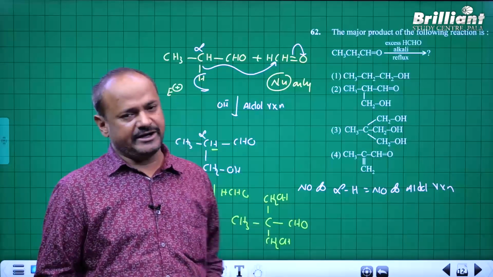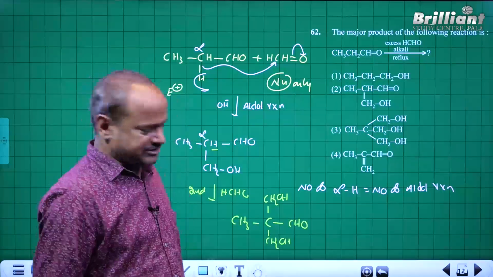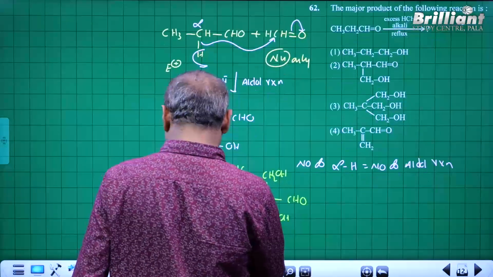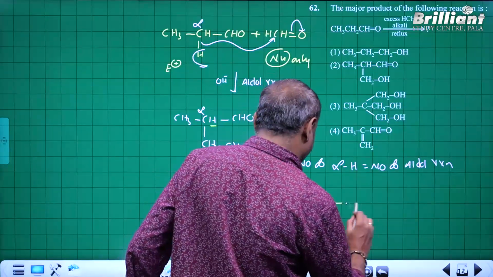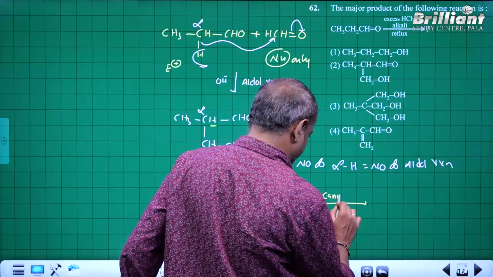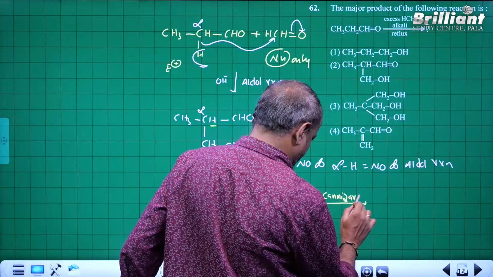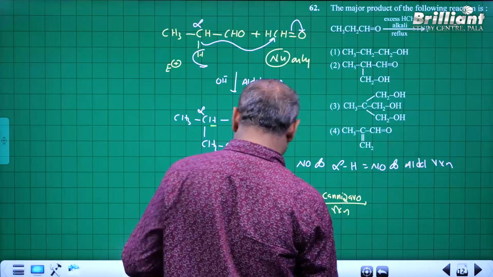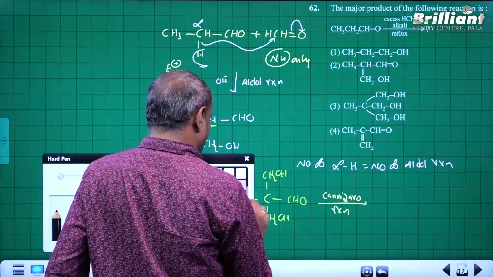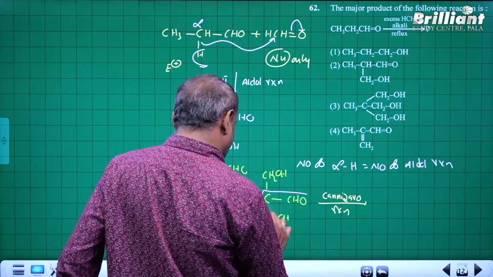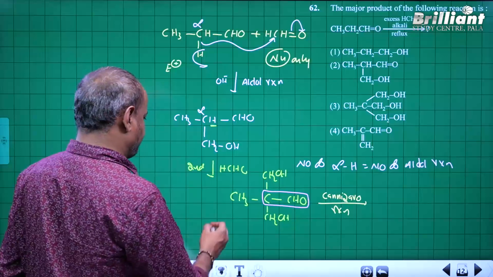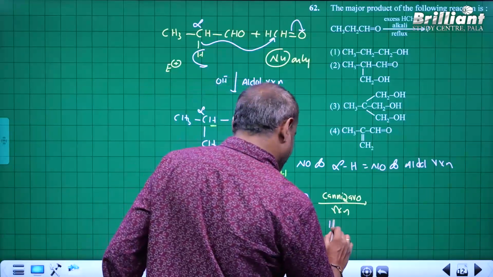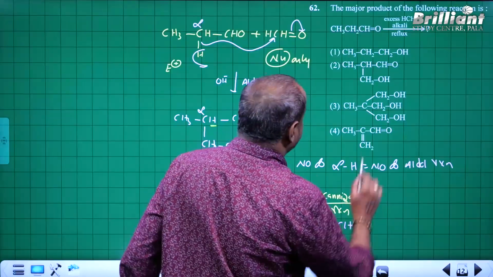Next, slight heating, following to form Cannizzaro reaction. Because without alpha H undergoes Cannizzaro reaction in the basic medium. This is aldehyde, formaldehyde, because excess given.